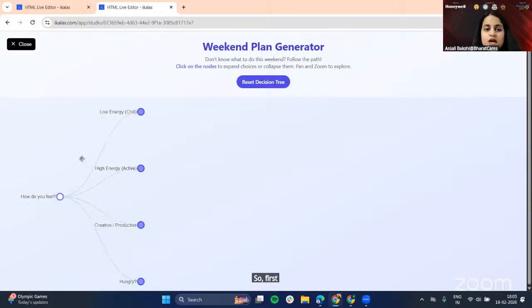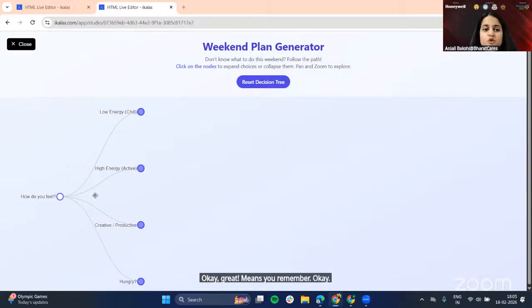The first question was, how do you feel? So what is the root node here? Everyone be active on the chat. We discussed root node, leaf nodes, branches, right? Which is the root node here? How do you feel? Okay, great, it means you remember.